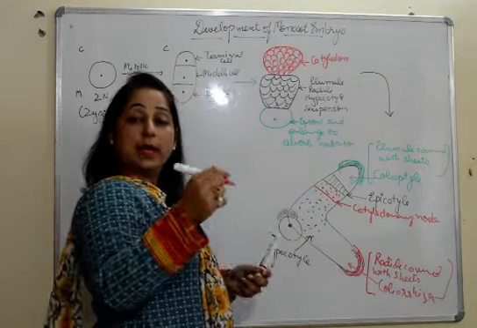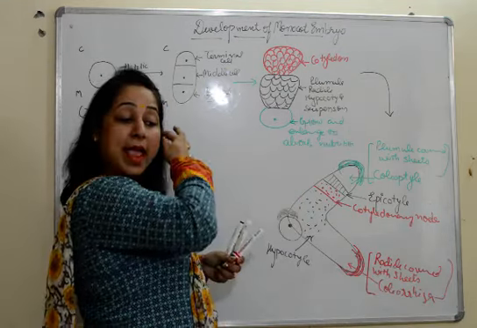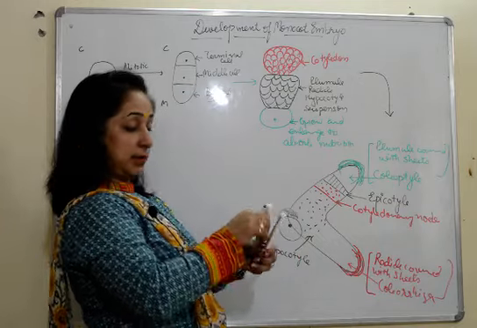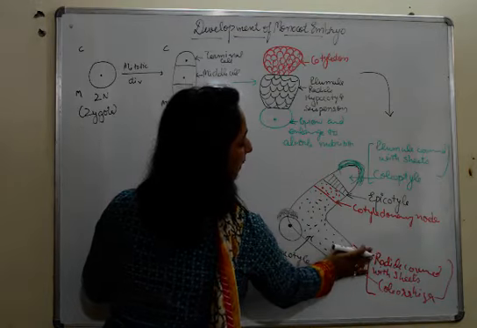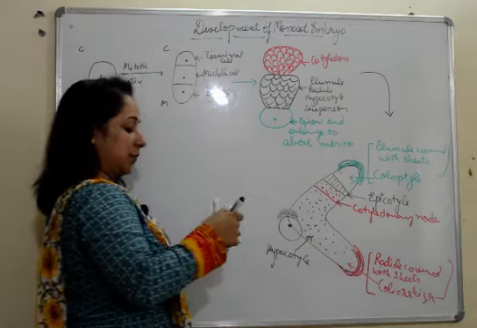This part is known as the coleorhiza. And we have the hypocotyl here as already done. This part would be the hypocotyl and this part will be the coleorhiza, the radicle covered with sheet.